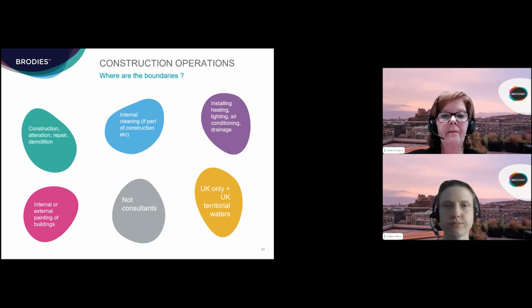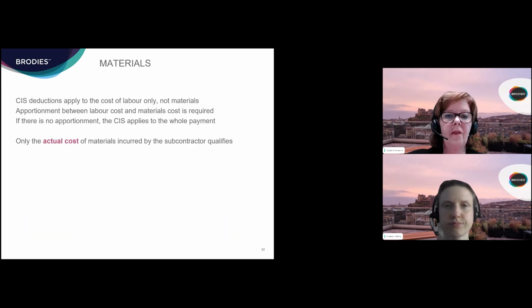Okay, moving on to the materials point that we mentioned earlier. The CIS deductions apply to the cost of labor only, not materials. So you need an apportionment. If there's no apportionment, then the CIS annoyingly applies to the whole payment.